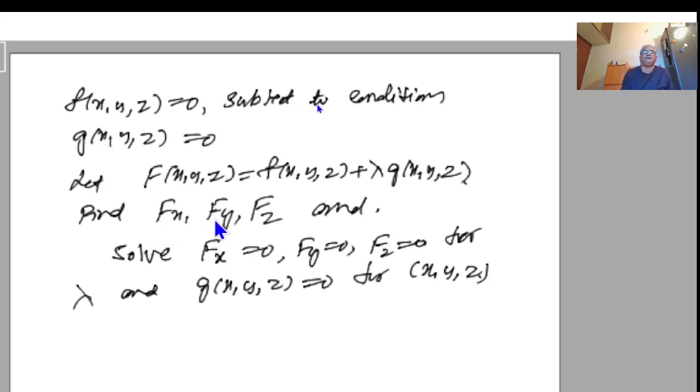Then after finding Fx, Fy, Fz, equate them to 0 and solve these three equations for lambda. Using that value in this constraint g x y z, find the value of x y z. That is the stationary point. Substituting this point in the function, we get the stationary value of the function. Let me go for an example.